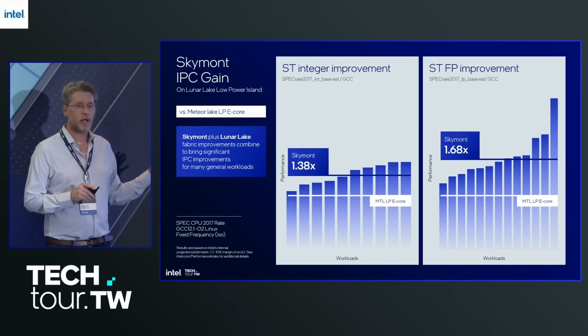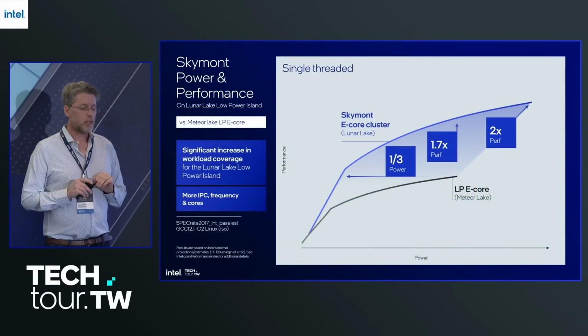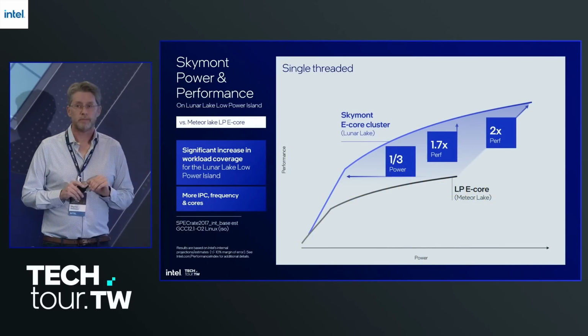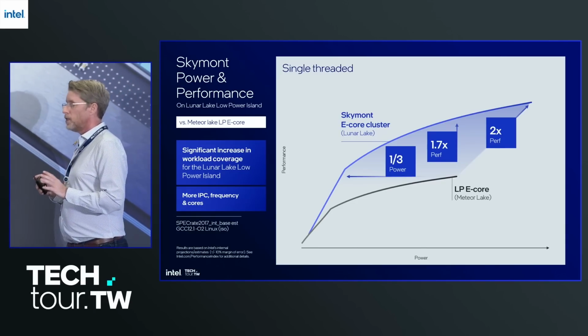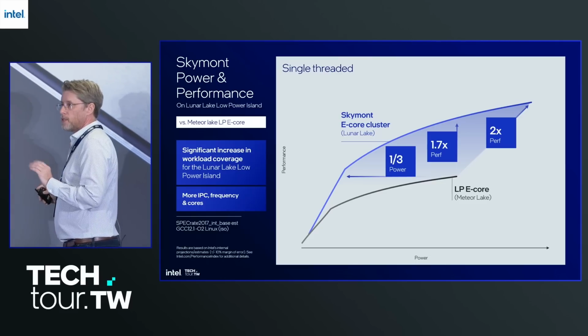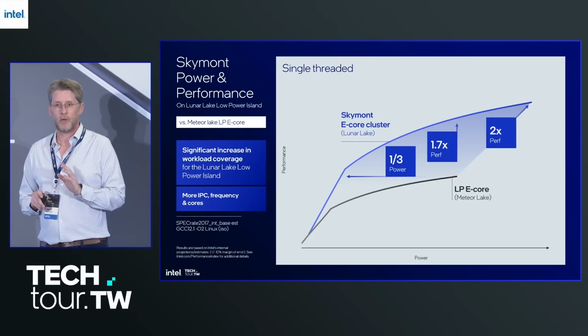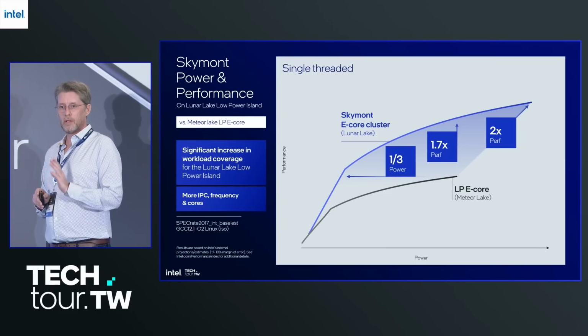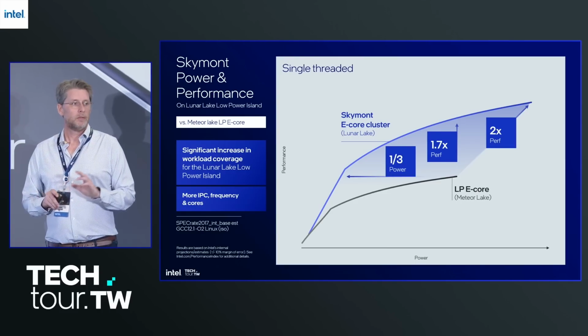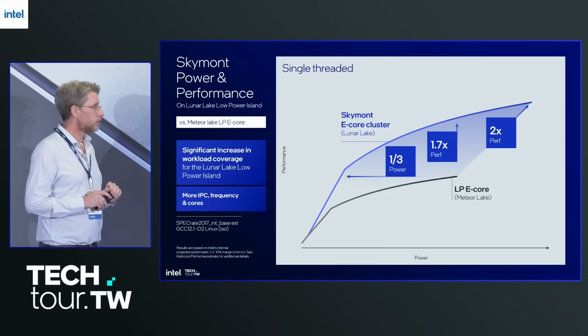So that's IPC. Let's look at power and performance. So here's power and performance. This is a single-threaded view. So this is a single Skymont E-core in the Lunar Lake low-power island against a single Crestmont LPE core in the SoC die in Meteor Lake.